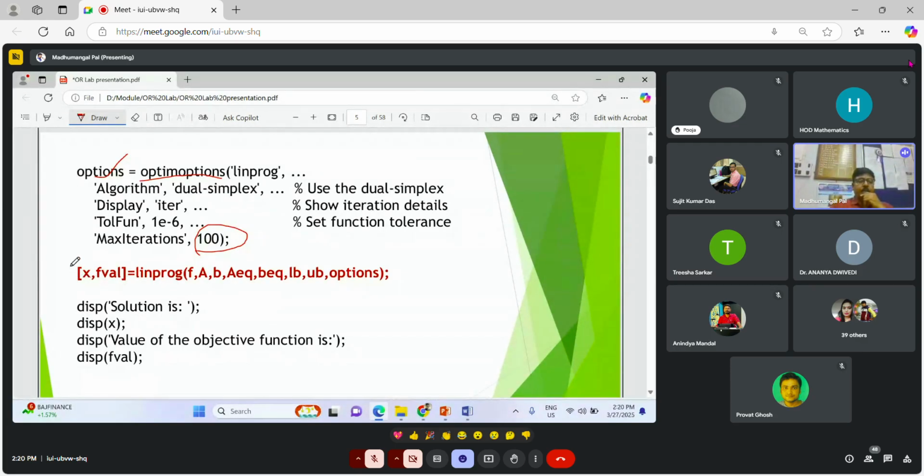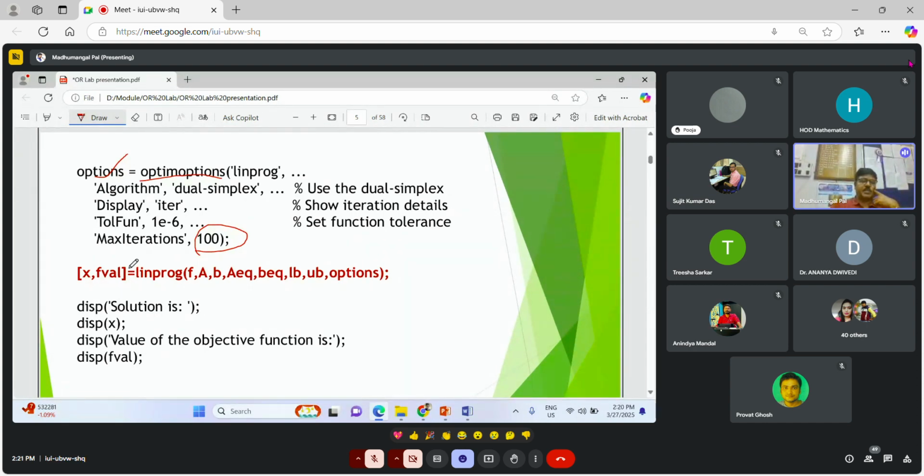Okay, so this is the calling function, linprog, and these are a lot of parameters. And on the left-hand side, you have already seen that in MATLAB, you can assign multiple variables with a function. This is not happening in C or C++, which take only one variable. That means those languages calculate only one variable at a time.